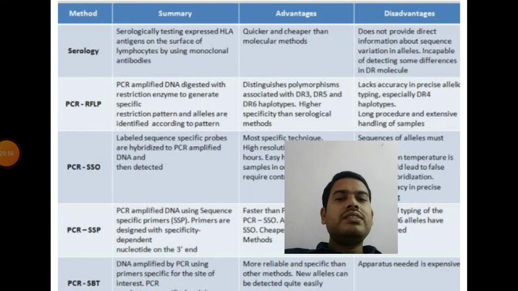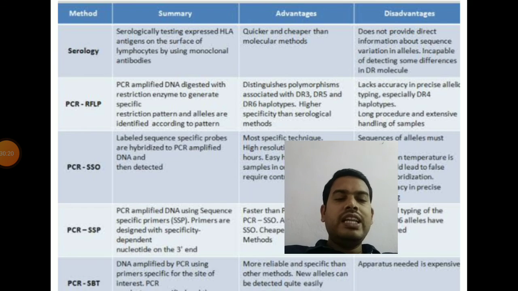So the next method is PCR RFLP, restriction fragment length polymorphism, of alleles of the HLA complex. PCR amplified DNA is digested with restriction enzymes to generate specific restriction patterns, and alleles are identified according to the pattern.